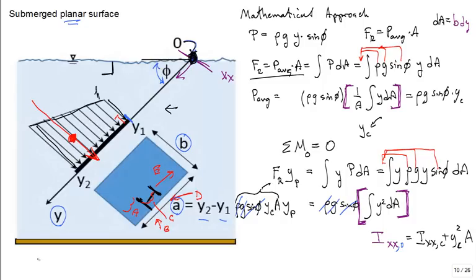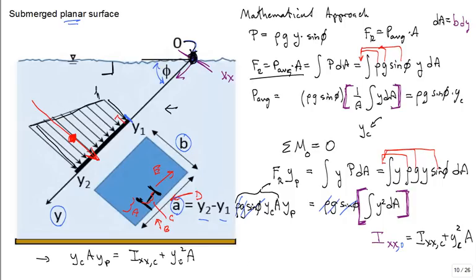I'm sorry, I'm going to bring it down here because I'm running out of room. And so I'm going to clean it up. I have y sub c A y sub p is equal to I_xx through the centroid plus y sub c squared A. Did I do it okay? Did I simplify it? Or did I have an error?